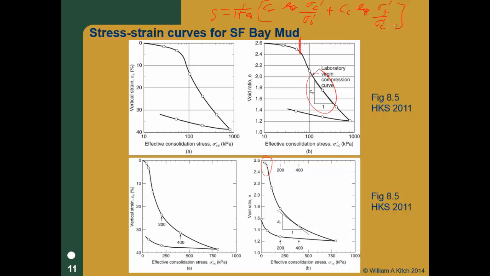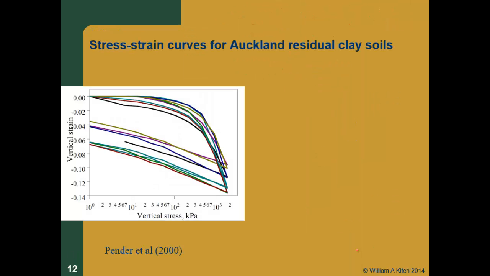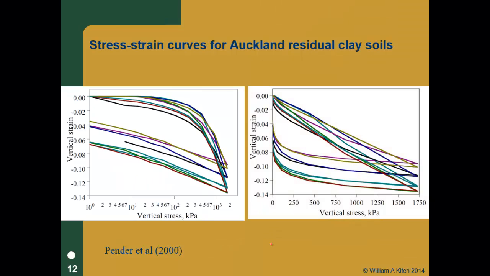Well, in this case, we said C sub C seems pretty constant, and if we're looking at Bay mud and only the normally consolidated part of it, that might work, but back in here, maybe not a good model. And we looked at this model, where if I went to that whole equation, I'd end up with something like this, when in fact, if I just plot it in arithmetic space, it's constant. Why would I go through all that trouble?